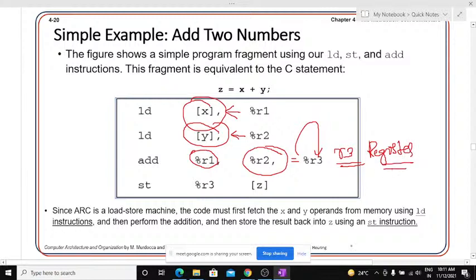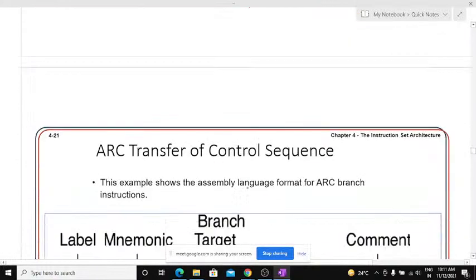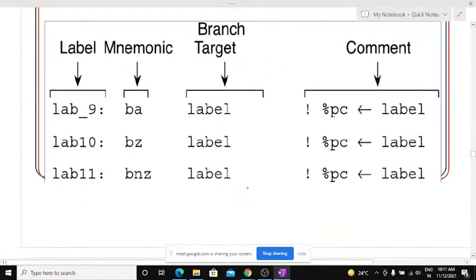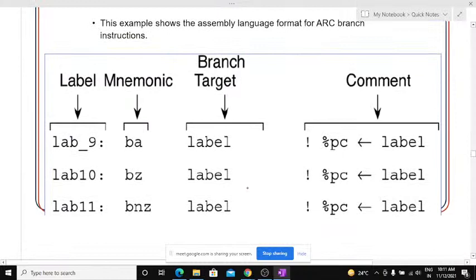Then R3 has the result. Then that R3 we are transferring to the memory location pointed to by Z. Simple.